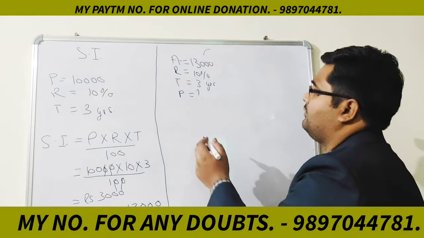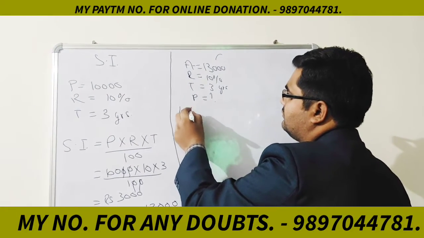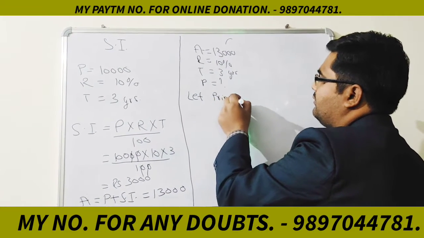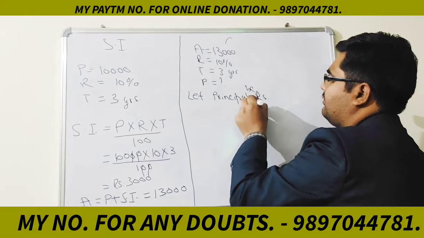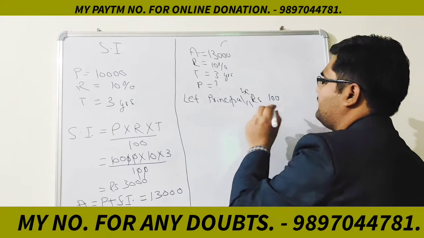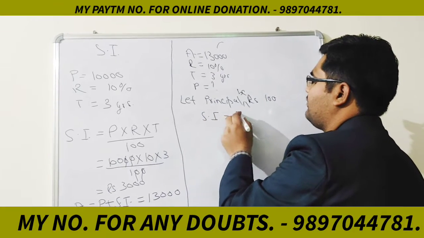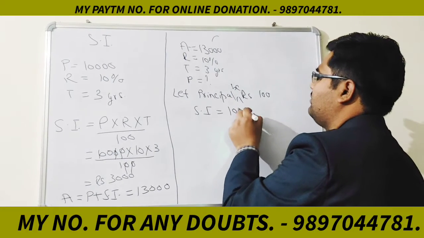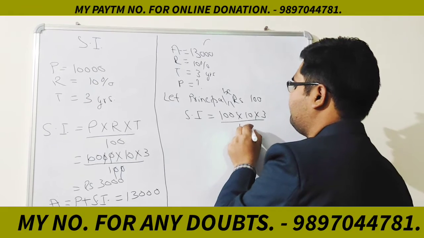So firstly we let the principal be rupees 100. Now we calculate the SI on this. Principal is 100, into R is 10, into time is 3, upon 100.